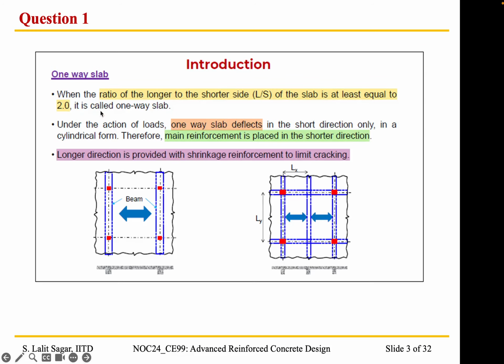A one-way slab is one where the ratio of the longer to the shorter side is at least equal to 2 or greater than 2, and a one-way slab deflects in the shorter direction, which is why the main reinforcement is provided along the short direction only.